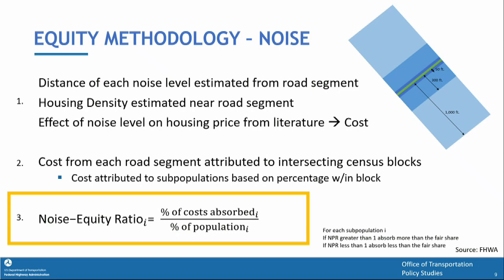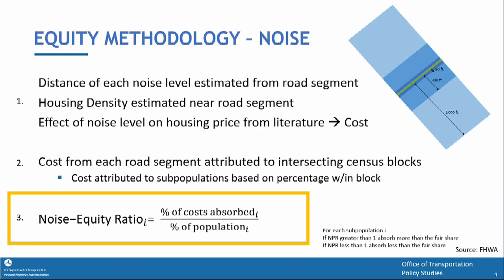So finally, now that we have the cost allocated to each demographic for each highway segment, we can aggregate over a larger area, say over a county, over a state, or even over the whole nation, and calculate what we call the noise equity ratio, which is the percentage of costs absorbed by a demographic divided by the percentage of the population of that demographic within that area we've aggregated over.